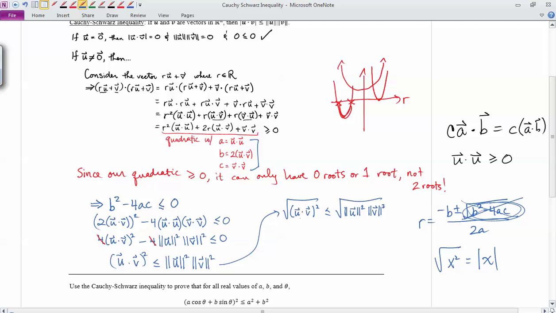So this thing is going to turn into the absolute value of u dot v is less than or equal to the absolute value of the magnitude of u times the magnitude of v. Well, magnitudes have to be 0 or bigger anyway, so that means that these absolute values aren't necessary, and that leaves us with the Cauchy-Schwarz inequality.